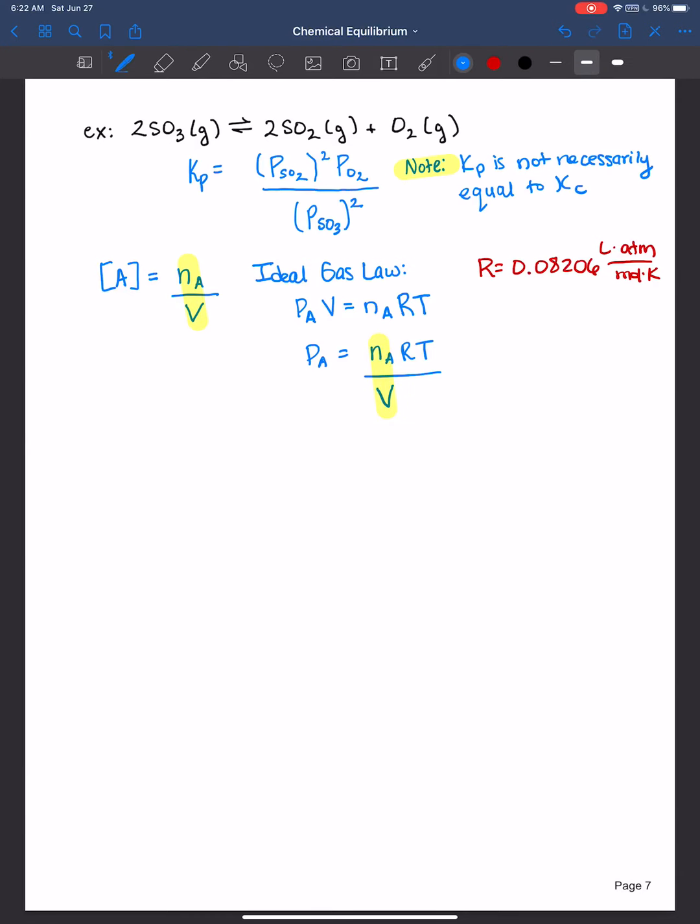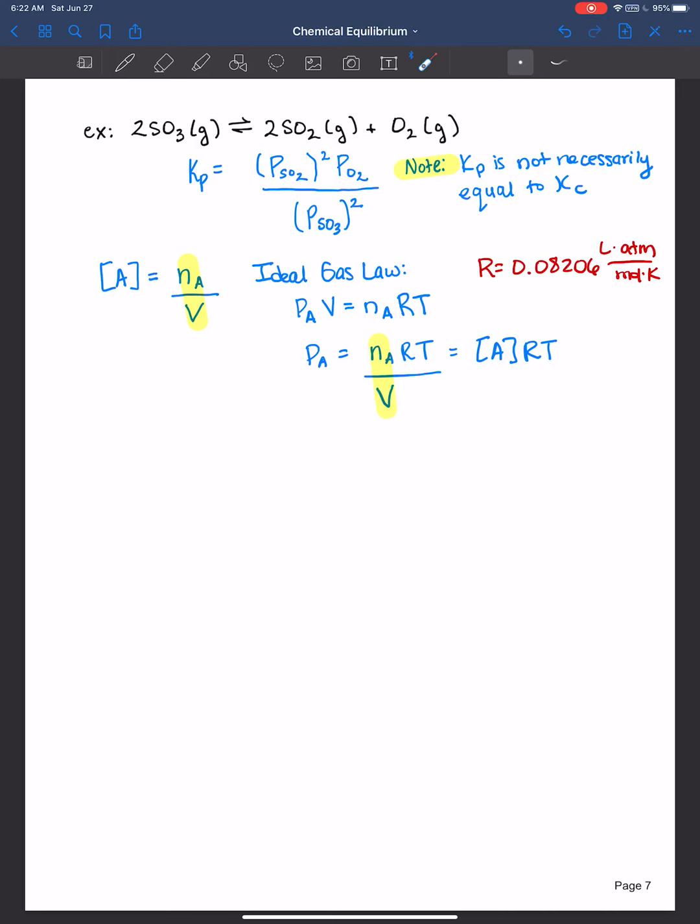And so therefore, this is equal to the concentration of A, RT. And now we're starting to see the relationship between the partial pressure of a gas and its concentration.